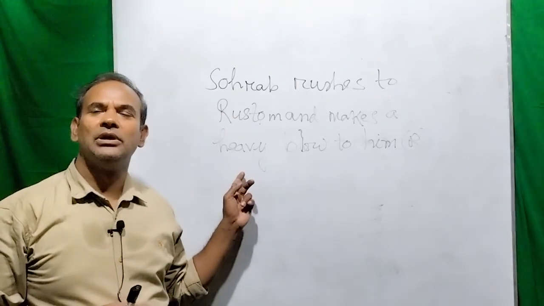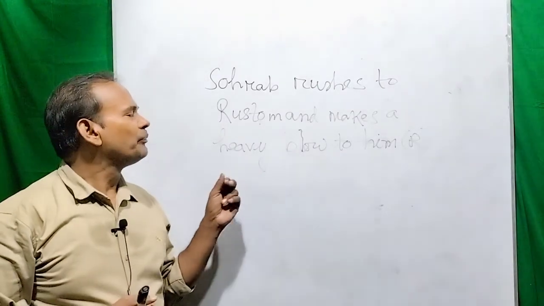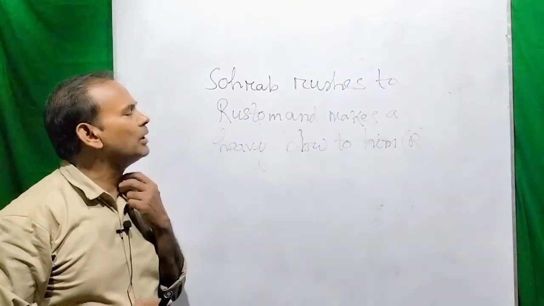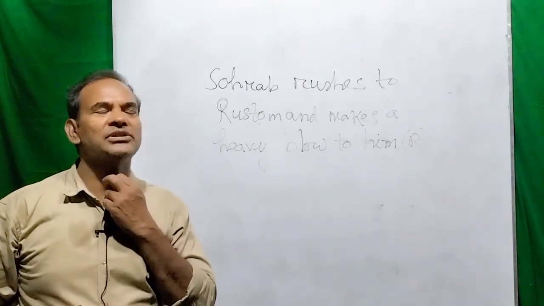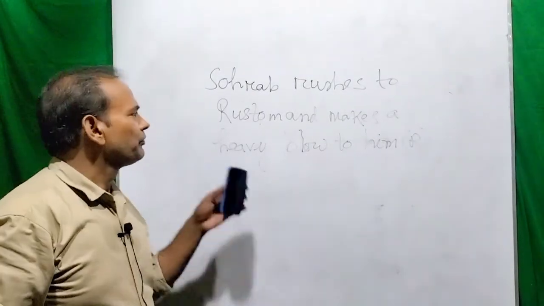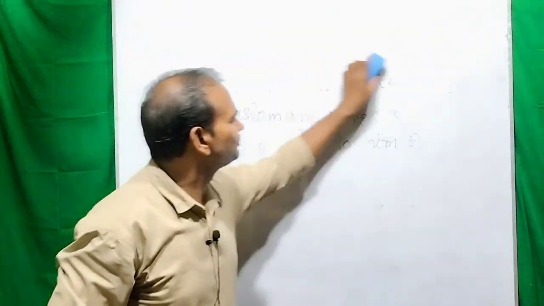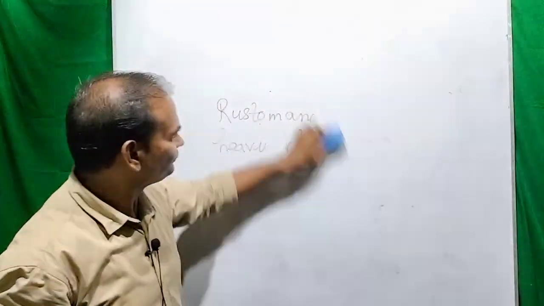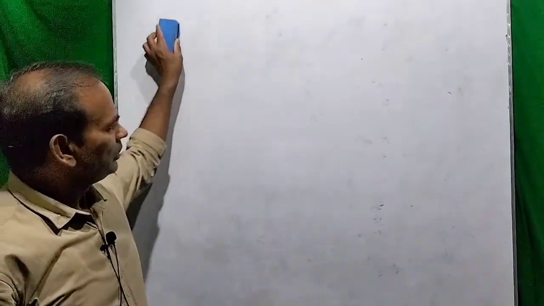If we want to give an example of some narratives of the history, we can use the present indefinite tense. This is also history present. Okay. Now, if we want to give any quotation of some writer, then we can use the present indefinite tense.